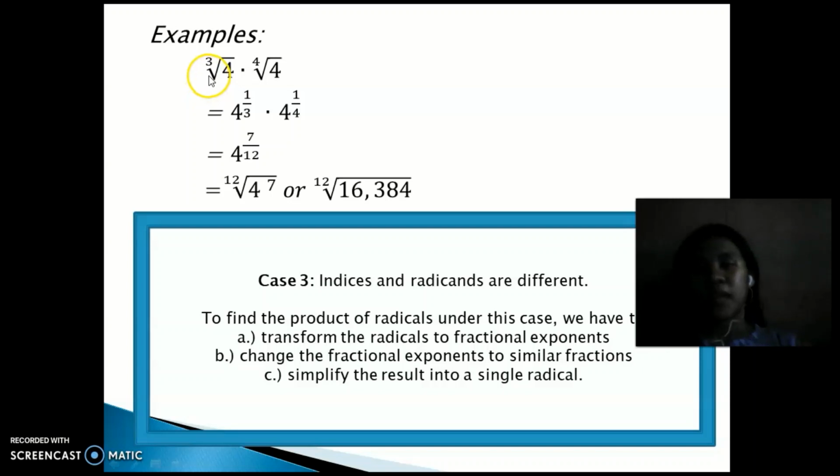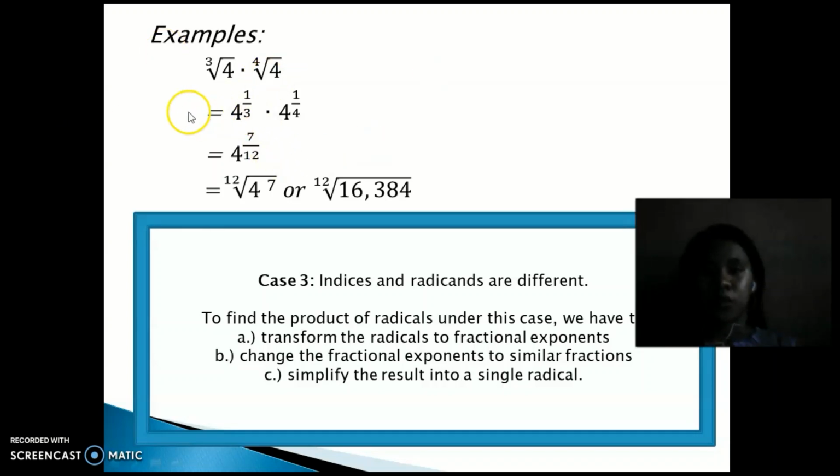So we have an example here. We have the cube root of 4 times the fourth root of 4. As I explained earlier, they have different indices, and then we are going to transform them into fractional exponents.